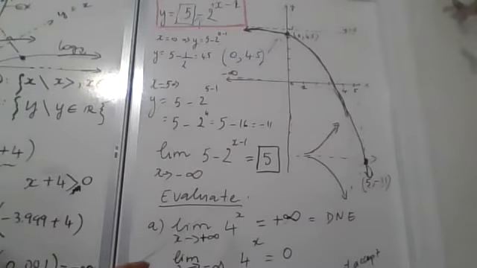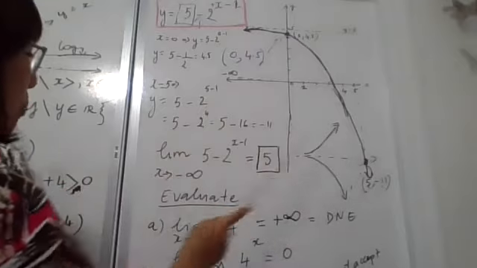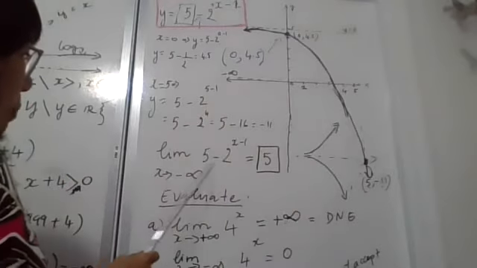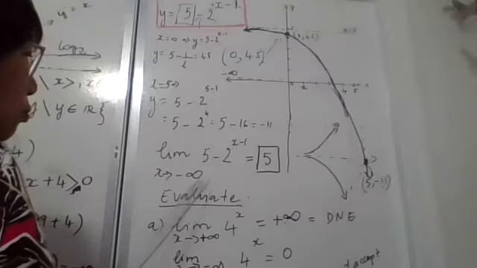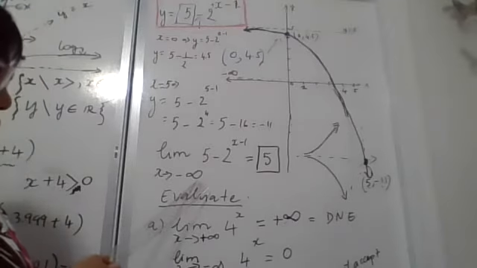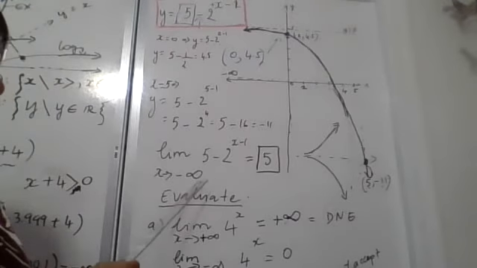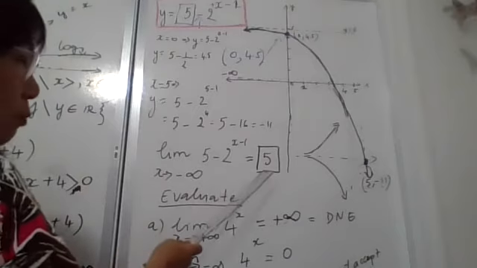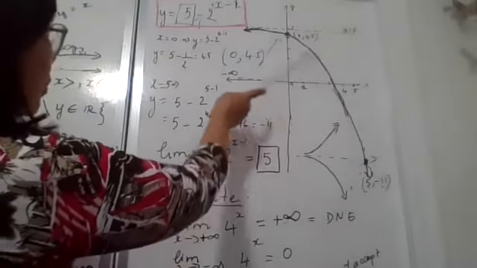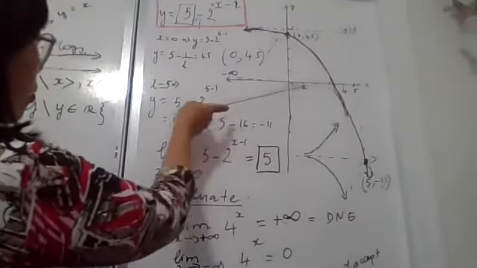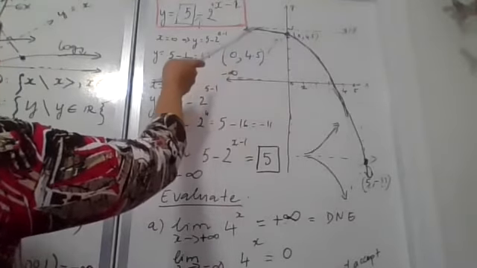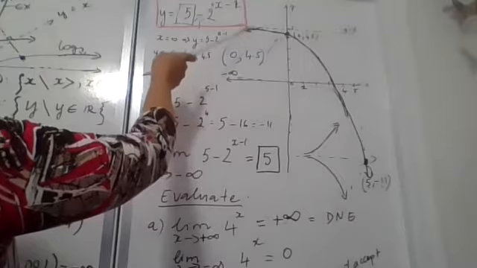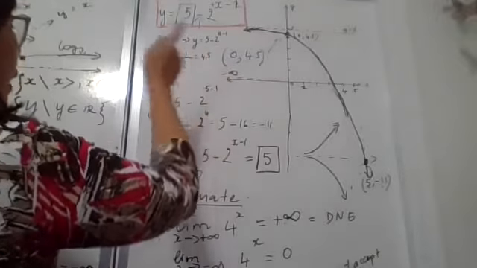So now you look at the shape and you say, okay, what is the limit of this function as x approaches negative infinity? That's the question, right? When x approaches negative infinity, what is the value of y? By looking at the graph, we know that as x approaches negative infinity, the y value gets closer and closer to 5.